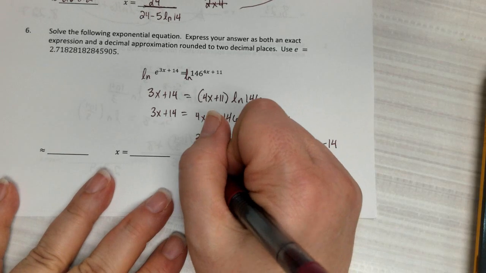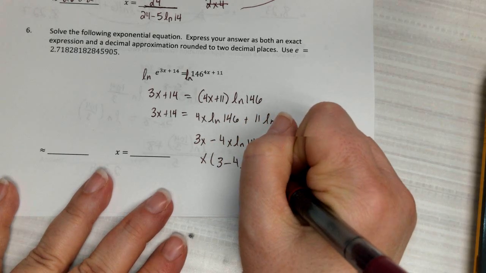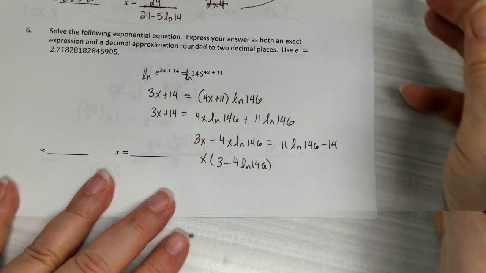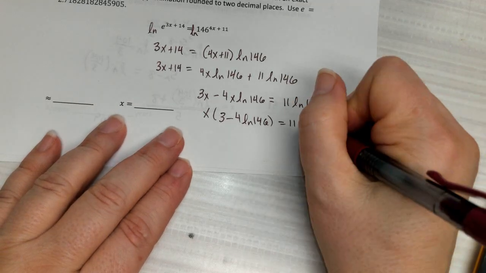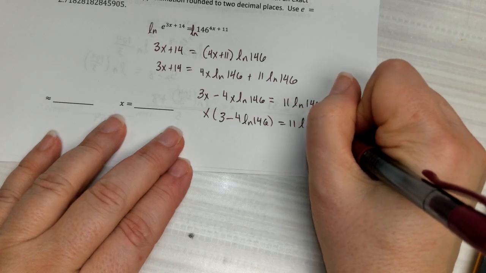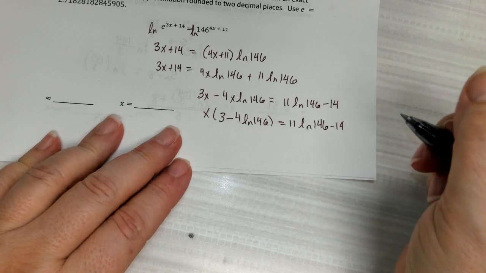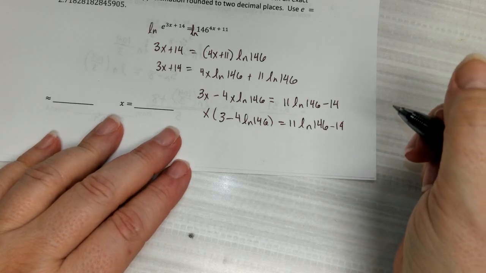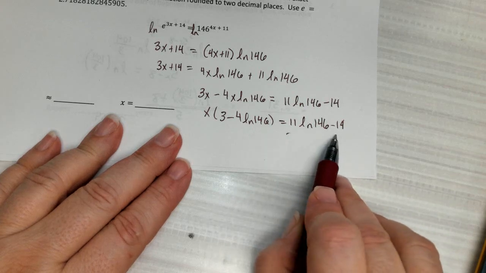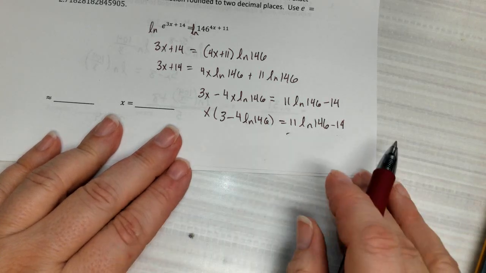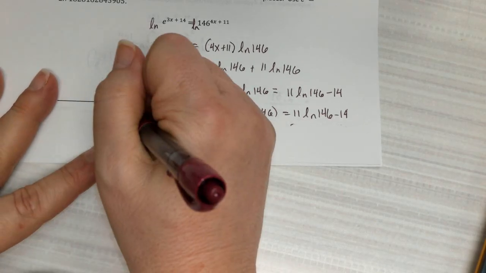Okay, factor out x. 3 minus 4 ln 146. So we're almost done. My exact answer is this whole right side divided by everything in these parentheses. So I'm just going to go ahead and write it as my final answer underneath.